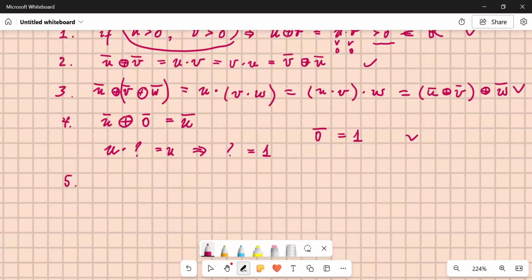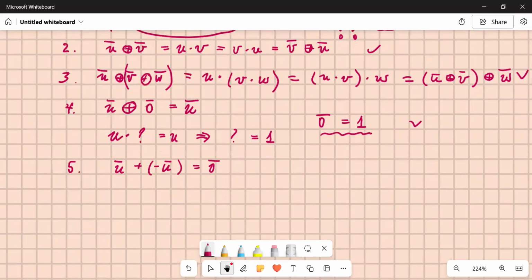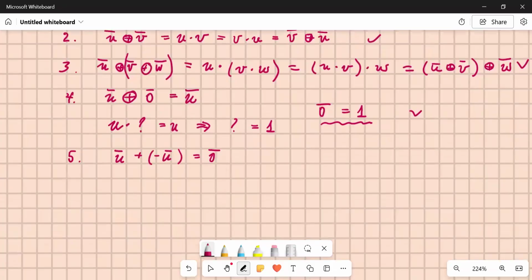Number 5, what is going to be inverse? Remember that's supposed to be like minus u, which you add and get 0. Again, it's not regular 0, it's this 0, which we found in the fourth axiom. Well, let me write it down. Imagine that we have number u, and we multiply it, addition is multiplication, by something, and we get our 0, which is actually 1, right?